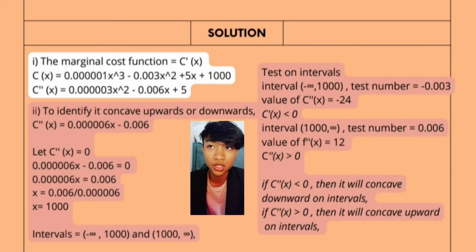Moving on to the solution for question B1, we need to find the marginal cost function. To find the marginal cost function, we need to find the first derivative of the cost function. Given from the question, the cost function is equal to 0.000001x to the power of 3 minus 0.003x to the power of 2 plus 5x plus 1000.